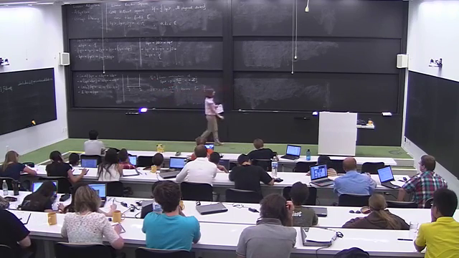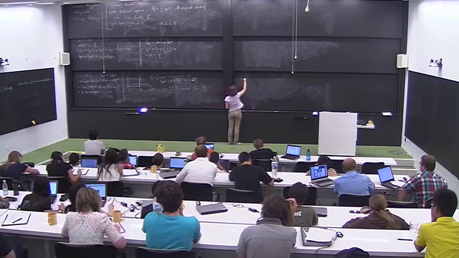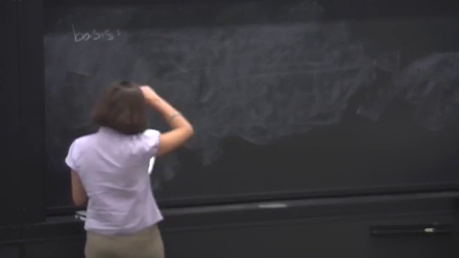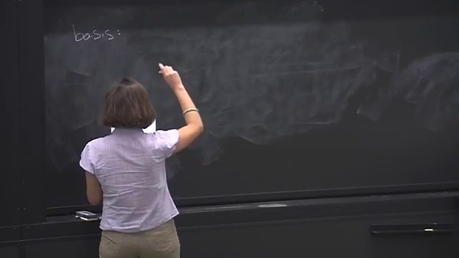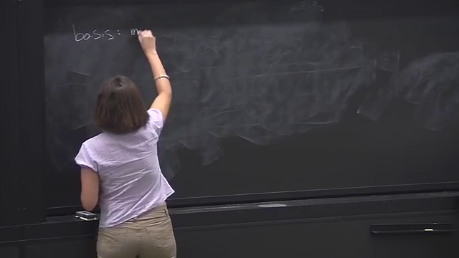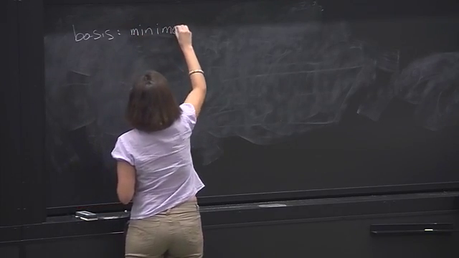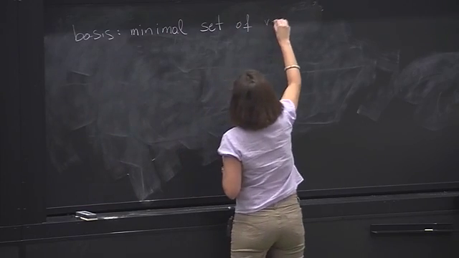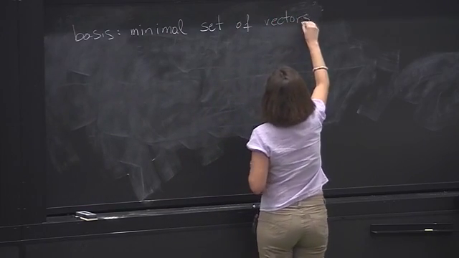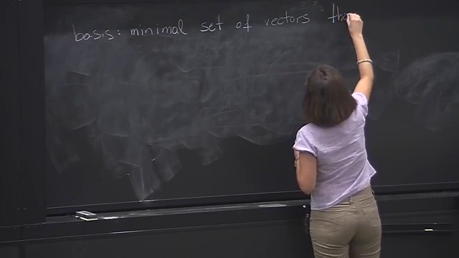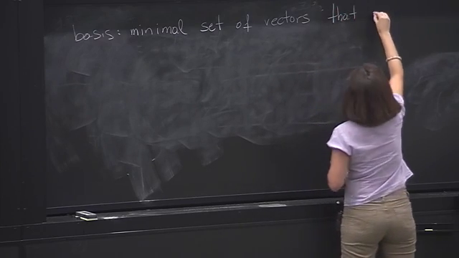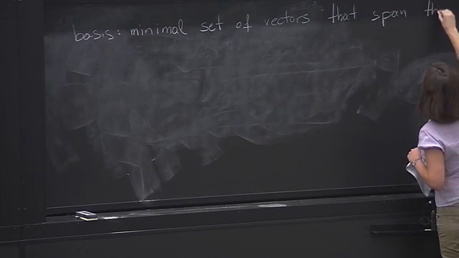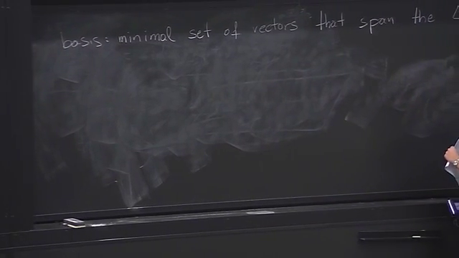Let me write this. A basis is actually a minimal set of vectors that span the linear vector space.